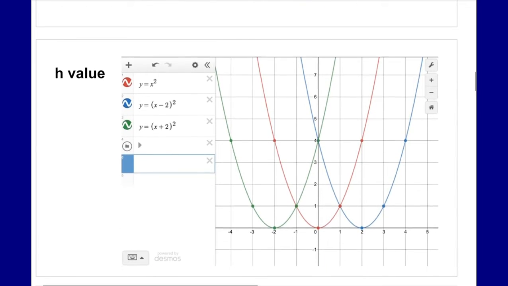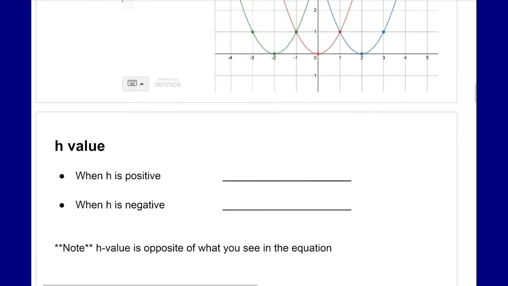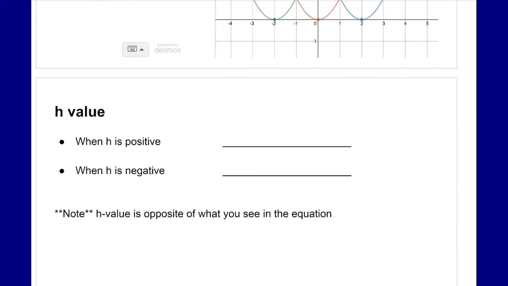The next one we're going to look at is the h value. Again, this one might be more obvious. We have our red original graph in the middle, and then we've adjusted it by changing the h value. We can see the green and the blue graph, and we see how it's changed. When h is positive, we have what is called a horizontal translation right, because we're going in the right direction.